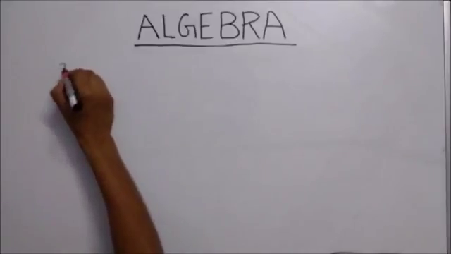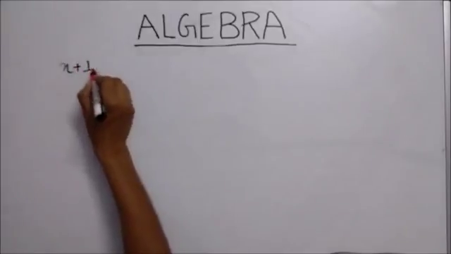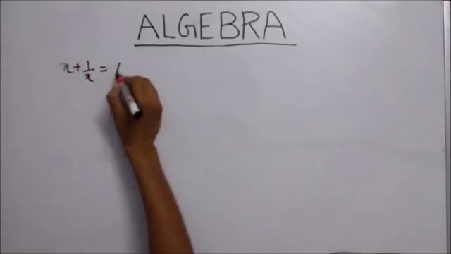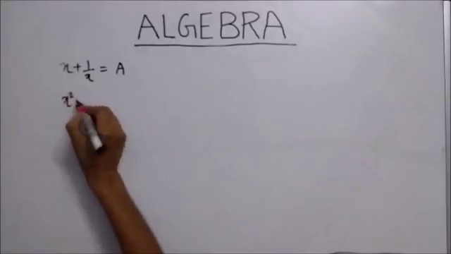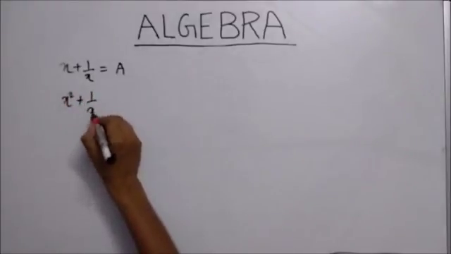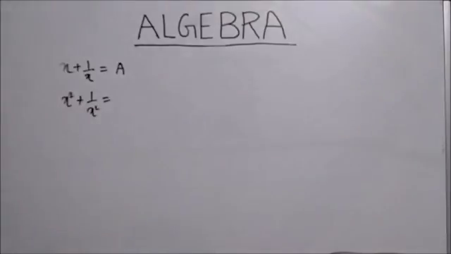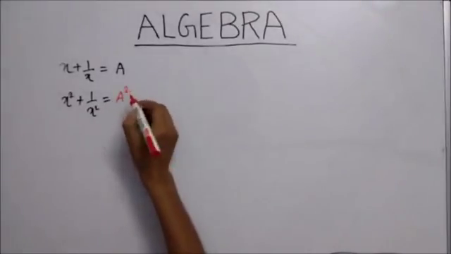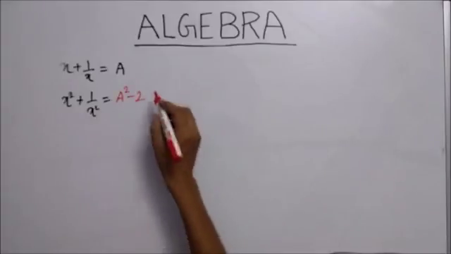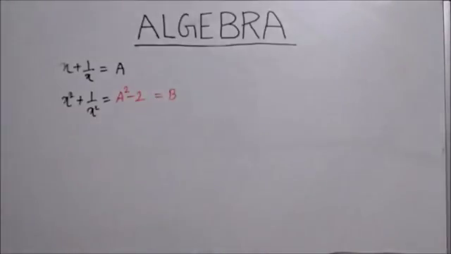Now we will discuss the third formula of algebra. Whenever you find x plus 1 upon x is equal to a in the question, and you have to find out x square plus 1 upon x square, you already know the value, that is a square minus 2. Write this value as b.